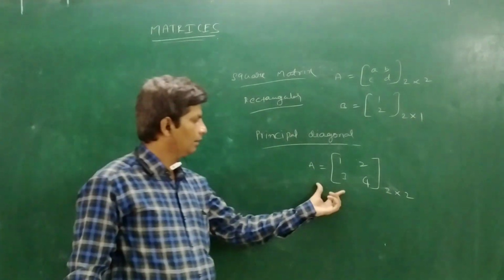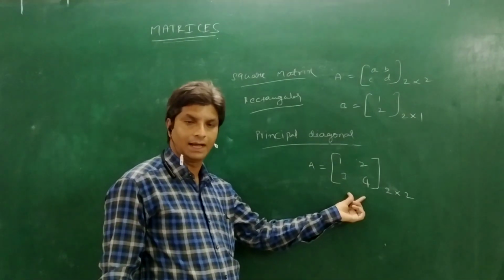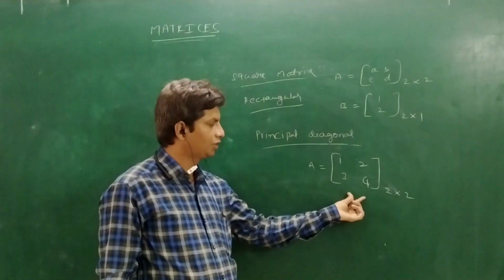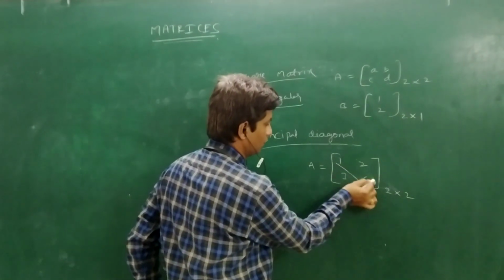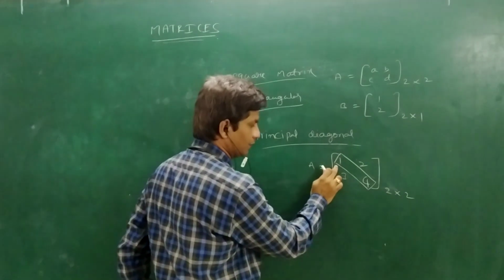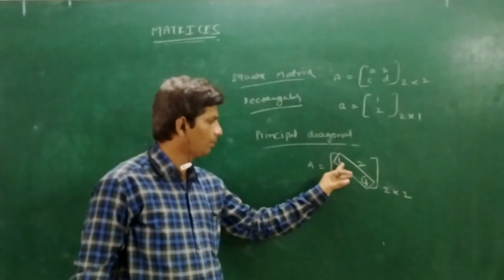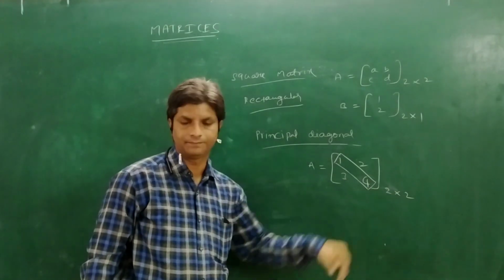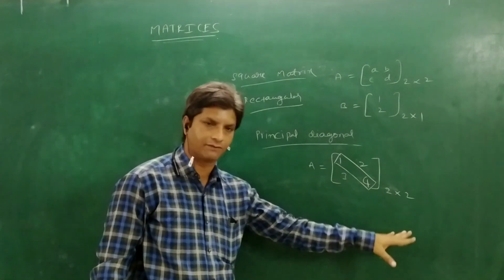Let capital A be a square matrix. The diagonal which consists of the first element of the first row to the last element of the last row, that is from top left to bottom right, is called the principal diagonal of the square matrix capital A.